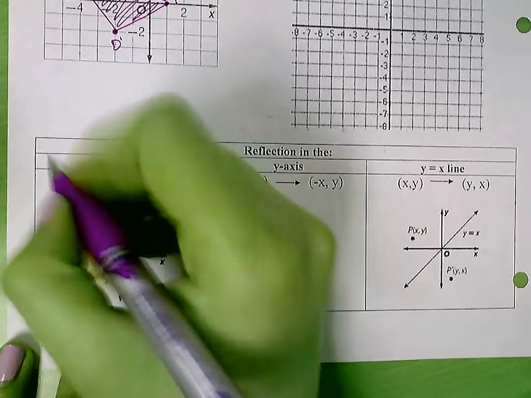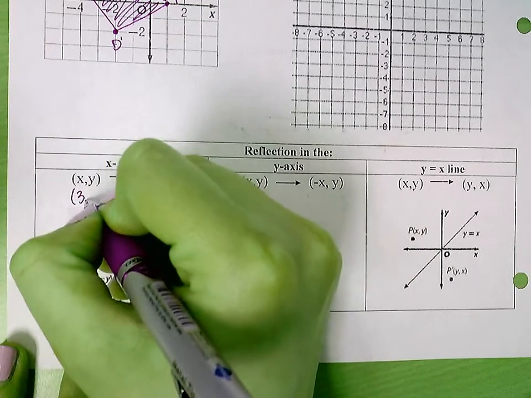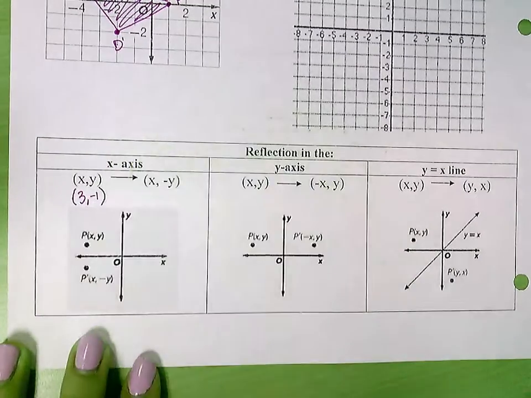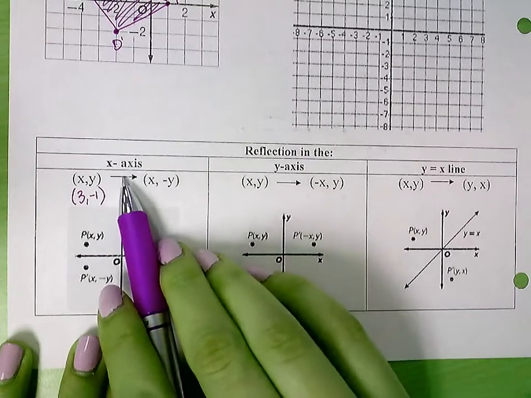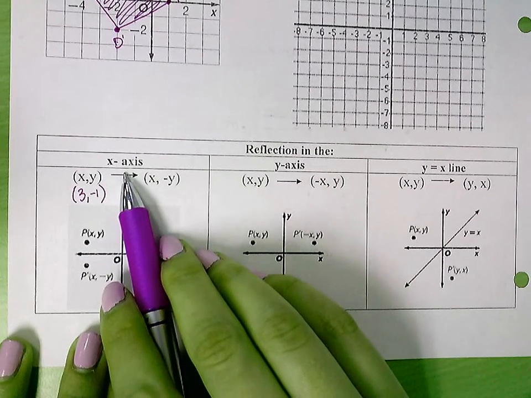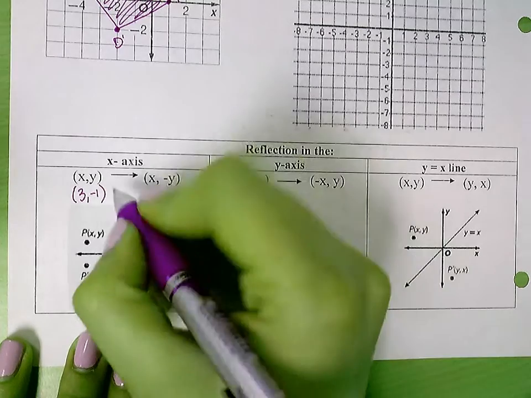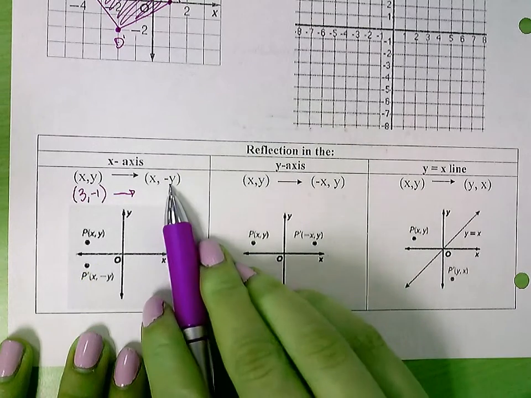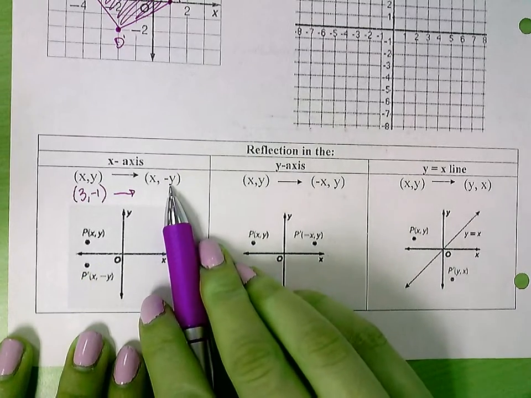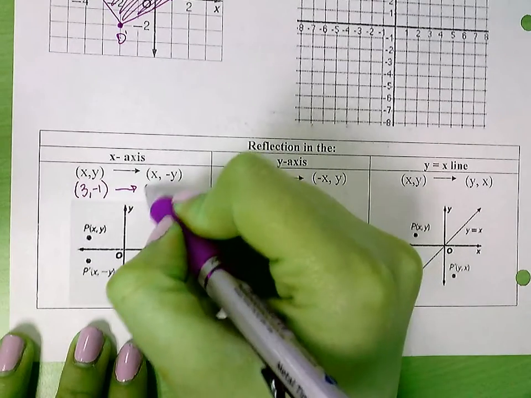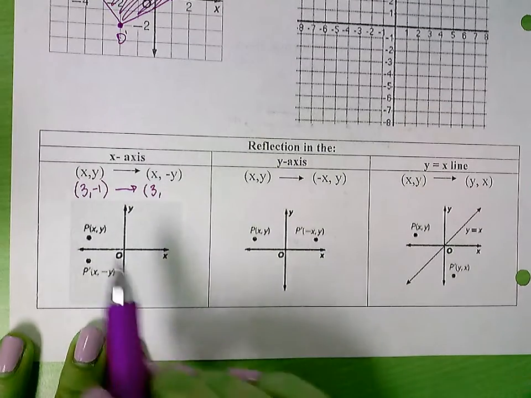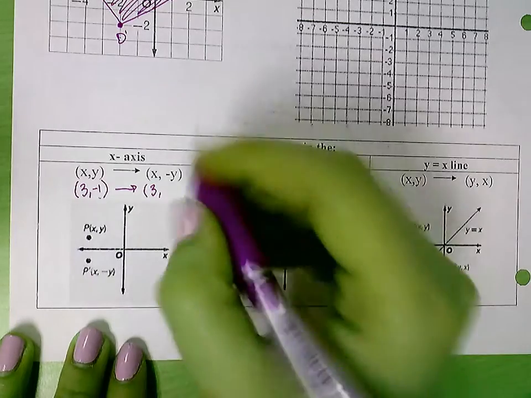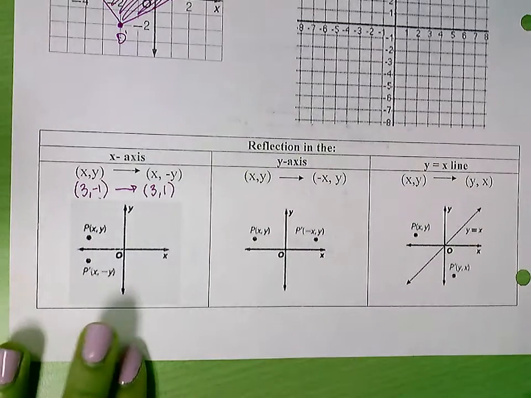So if I have a coordinate point 3, -1, to reflect it in the x-axis, you just need to take the opposite of your y coordinate. So x stays the same, y becomes the opposite, so 1.